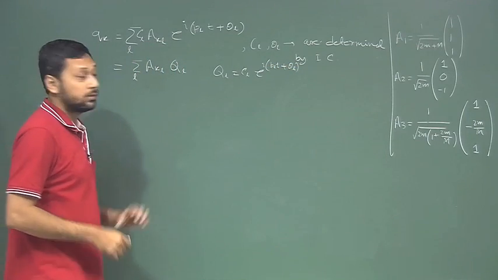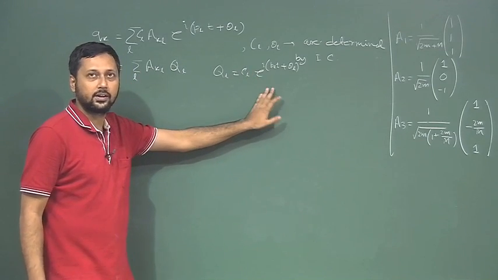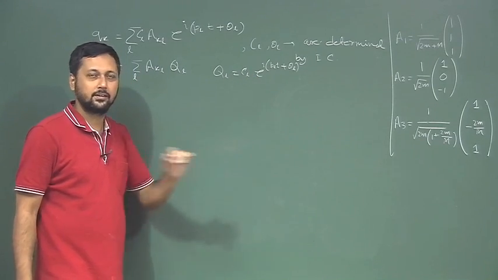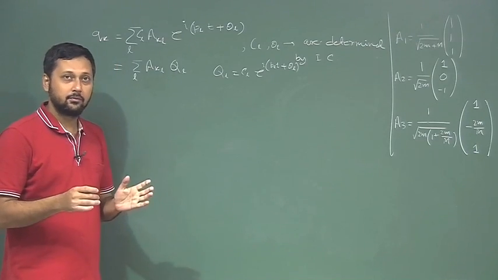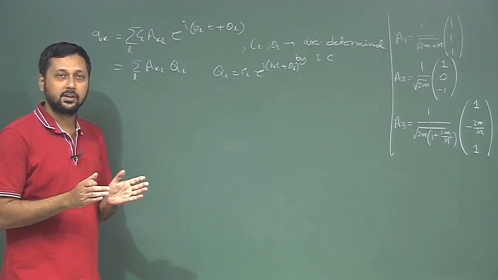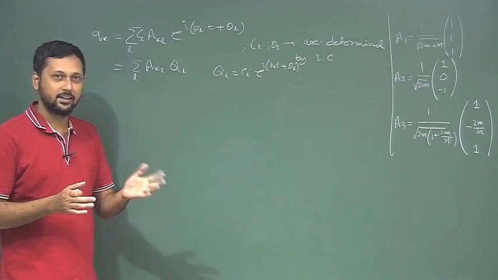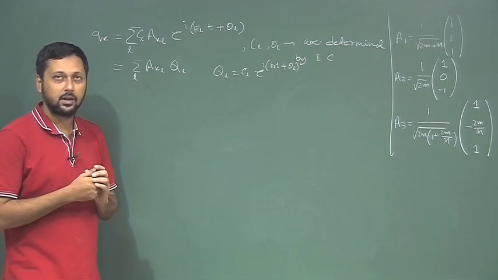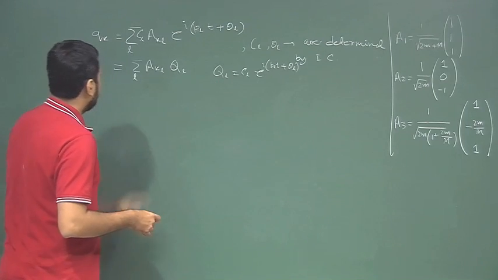Now, in some of the books you will see that only the cosine term has been taken. That is also a valid description, because for real-life measurement we are interested only in the cosine part. The sine part is imaginary, which we will not be able to measure. So we define Q_L like this.